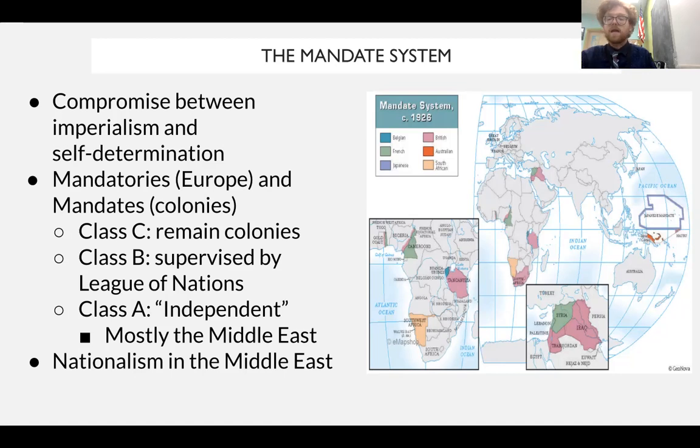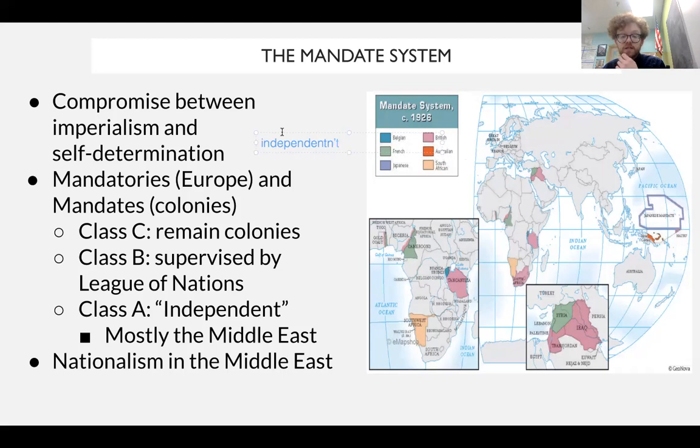Well, it's very ambiguous. So even though technically these countries are independent, it's more accurate to call them, a little bit of a joke right here, independent, not really independent. We are going to see continued military occupation of Class A mandates around the Middle East. And again, it's mostly going to be territory that was former Ottoman controls.